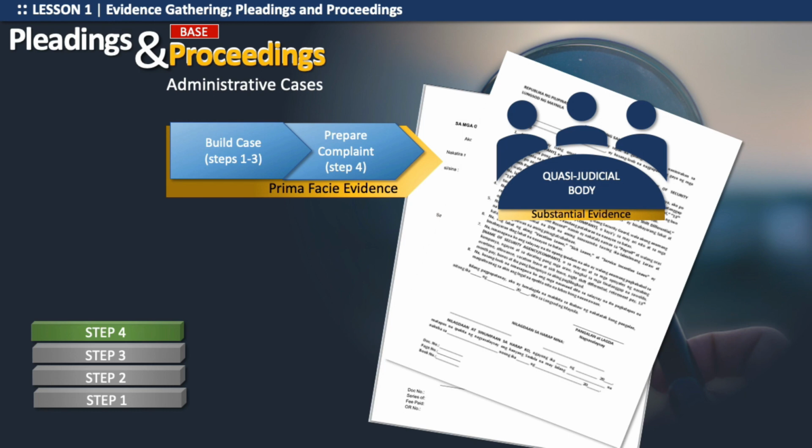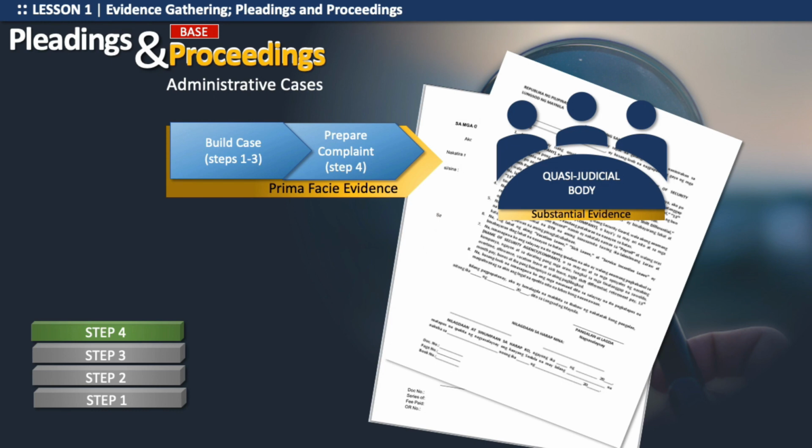They need to reach that in order to conclude that indeed the person being alleged of having committed this violation did indeed commit it. And their basis, of course, is evidence that is substantial enough.